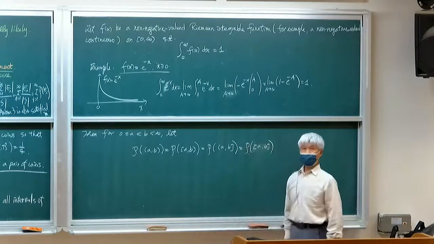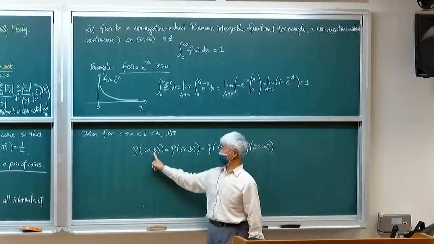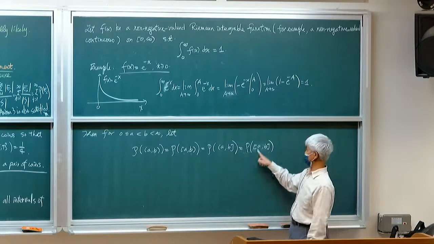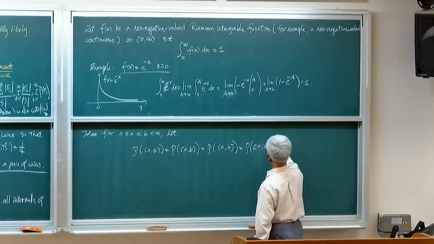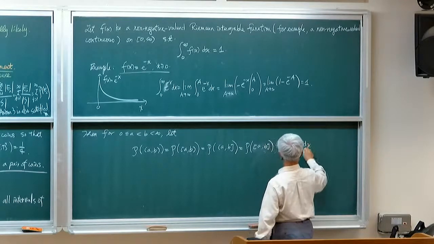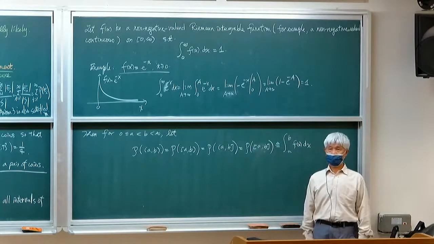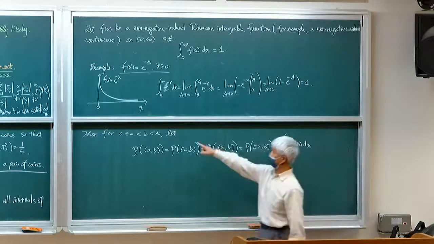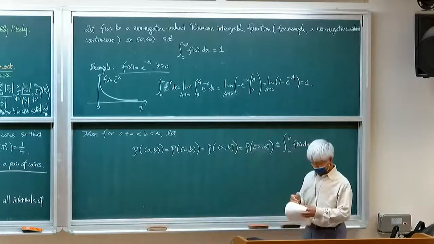Okay. So we have 4 types of finite interval. This is open interval, half closed, half open, half closed, and the closed interval here. And we define it to be this definite Riemann integral. Okay? So this is the definite Riemann integral, right? Because A, B are finite. So this always exists.